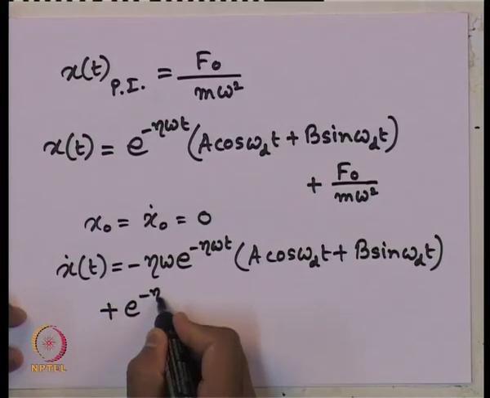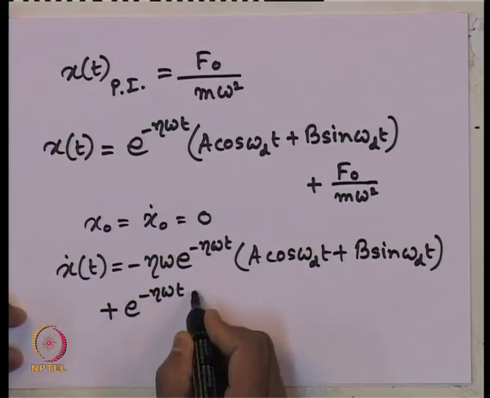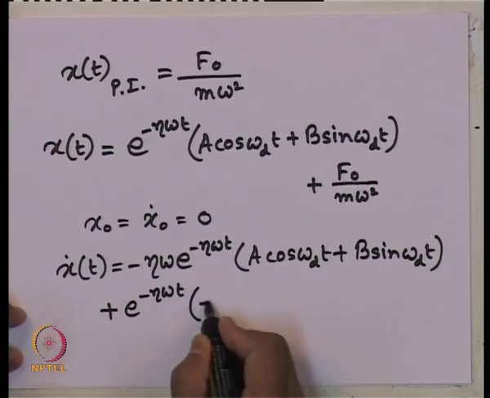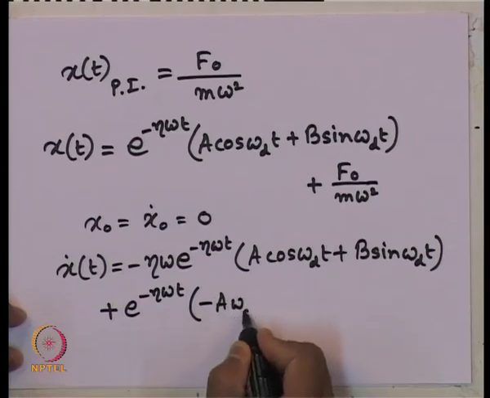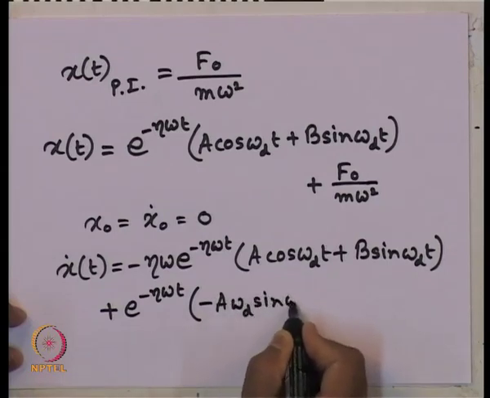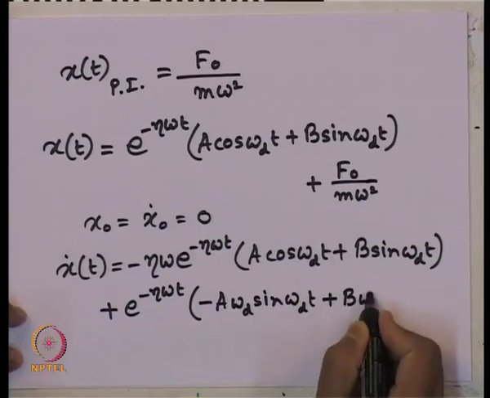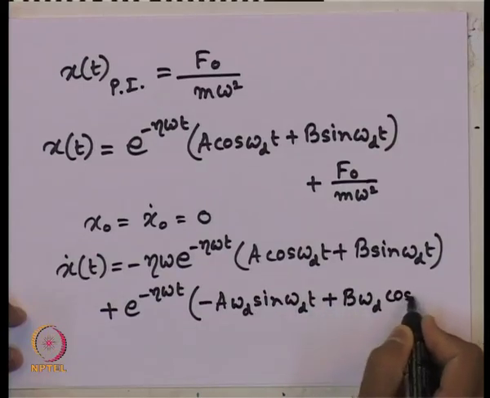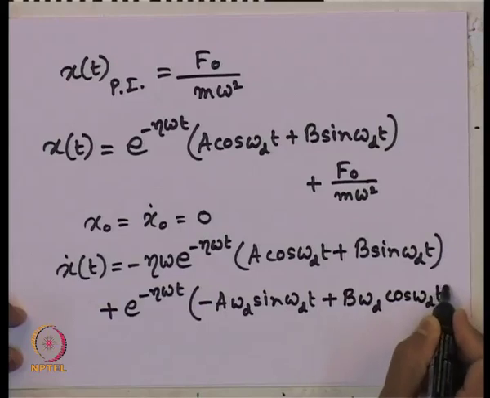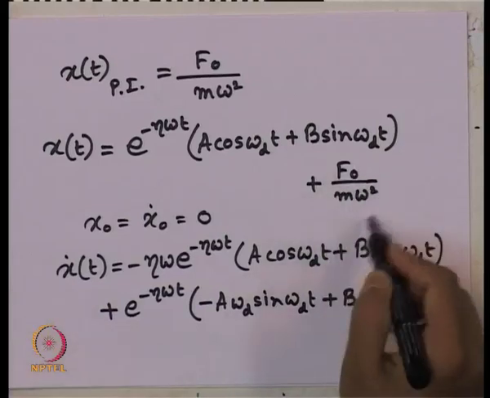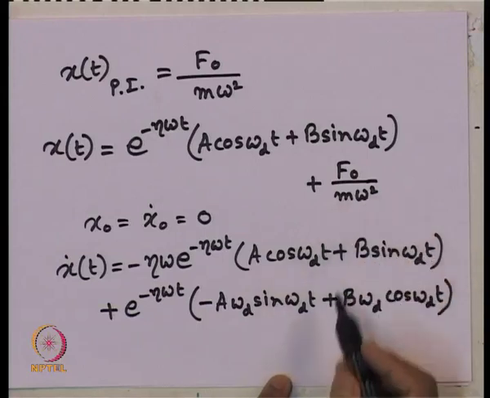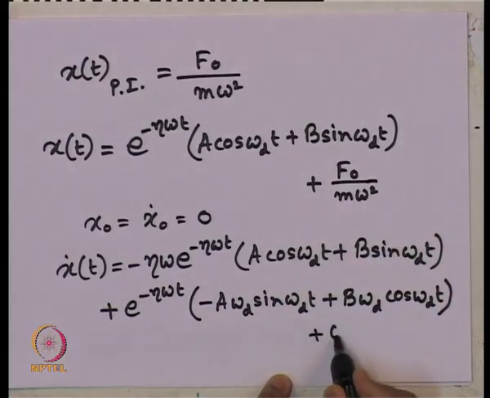So, e to the power minus eta omega t, minus a omega_d sin omega_d t plus b omega_d cos omega_d t, and this component if we differentiate, of course, it will give us 0.